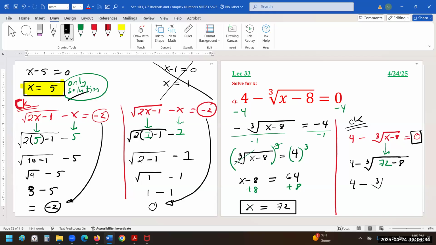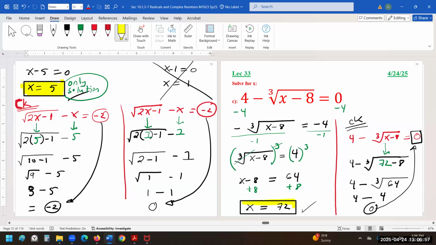So we have to do the cube root first. What is 72 minus 8? 64. And what is cube root of 64? 4. What is 4 minus 4? 0. Do you have the same thing on both sides? Yep. So we accept our solution. This is the correct solution.